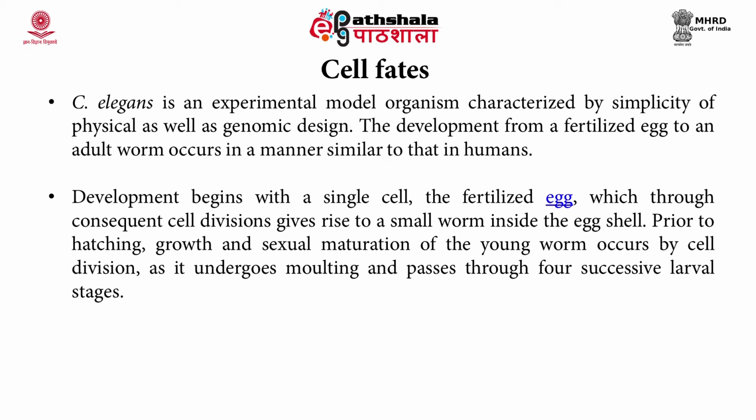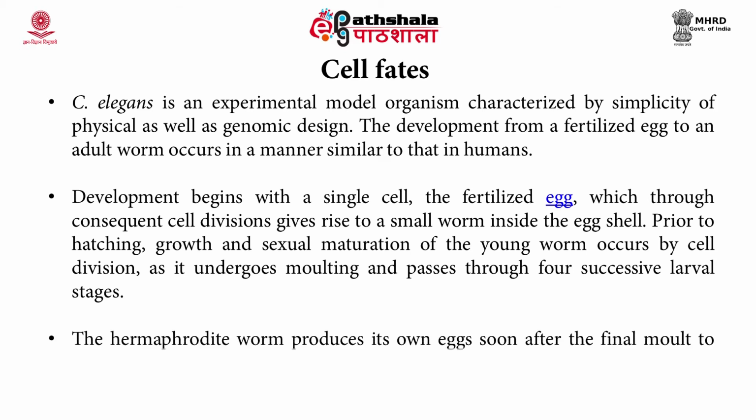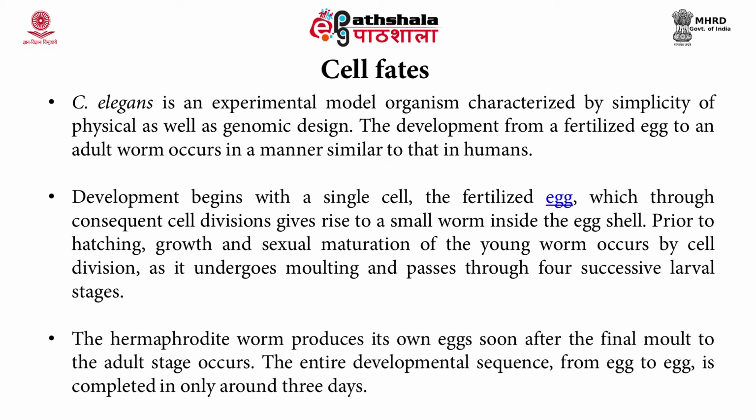After hatching, growth and sexual maturation of the young worm occurs by cell division as it undergoes molting and passes through 4 successive larval stages. The hermaphrodite worm produces its own eggs soon after the final molt to the adult stage occurs.